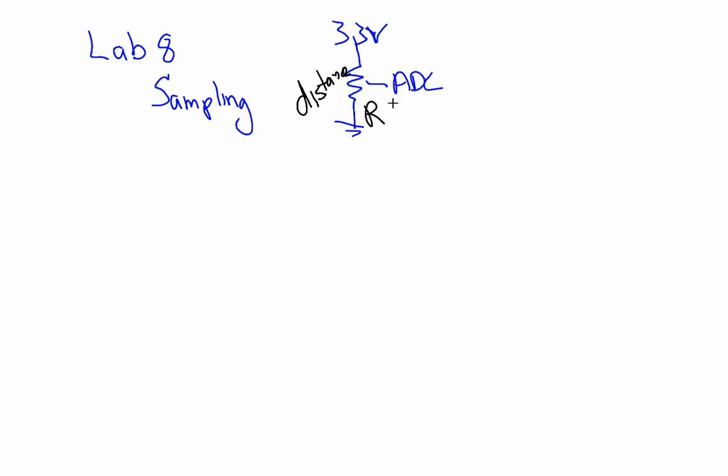Okay? And then the circuit converted the resistance back to a voltage. And that voltage was somewhere between 0 and 3.3 volts. And the distance was 0 to approximately 1.5 centimeters.